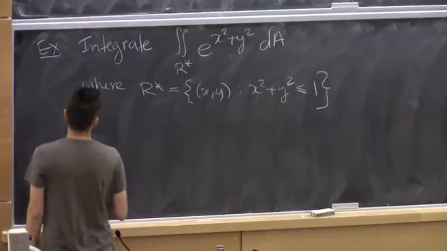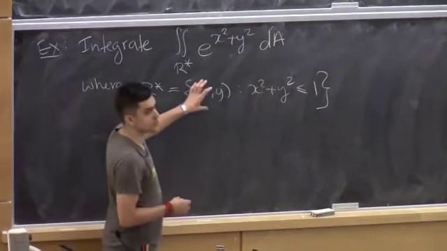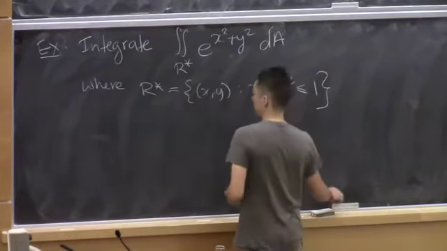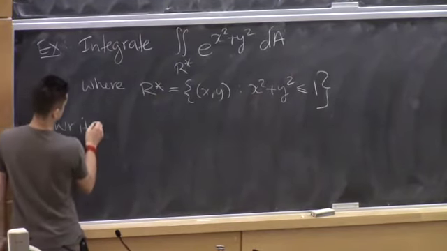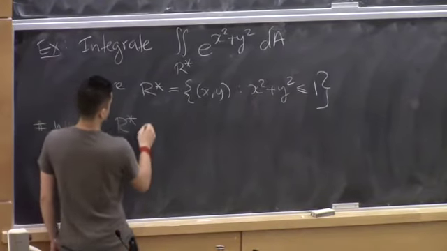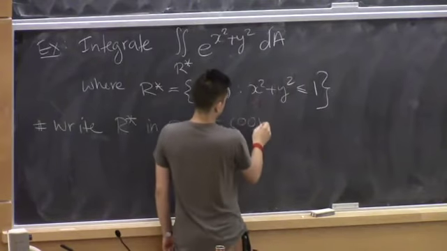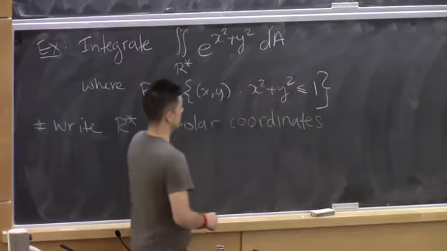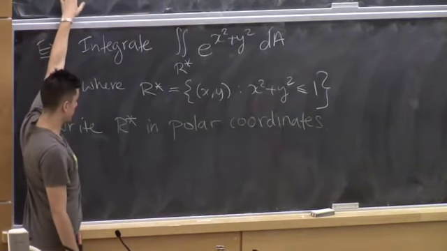Okay, so to switch coordinate systems, we're going to write this r star as a region in polar coordinates. So we're going to switch over our variables to polar variables using these formulas.